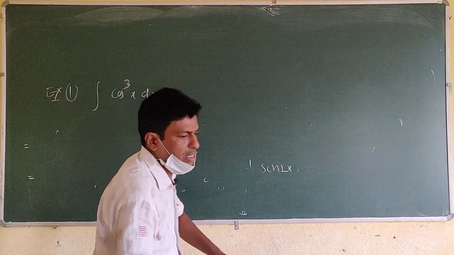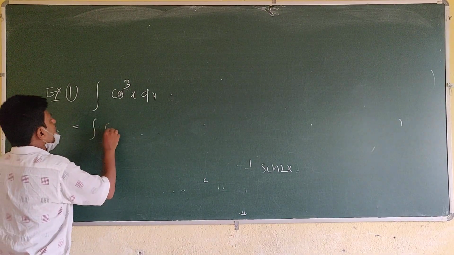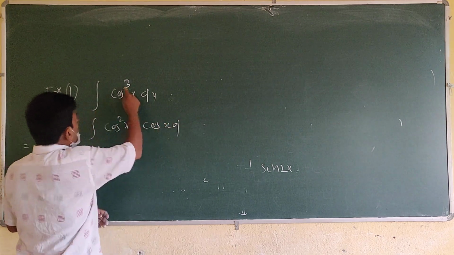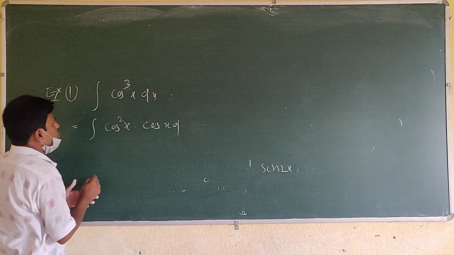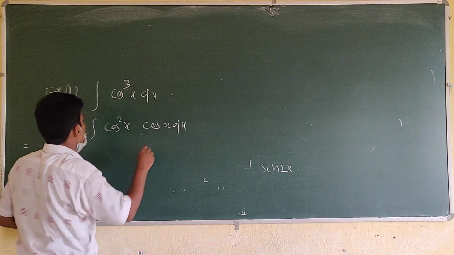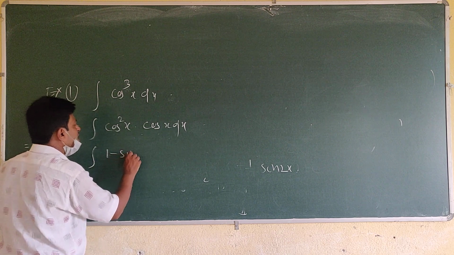In cos cube x, you can factorize cos cube x into 2 parts, that is cos square x into cos x dx. Cos cube, power 2 and power 1, base is same, so 2 plus 1 is equal to 3. Now, cos square x is equal to 1 minus sin square x.